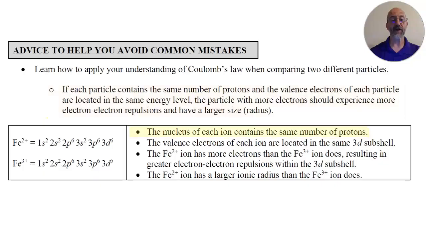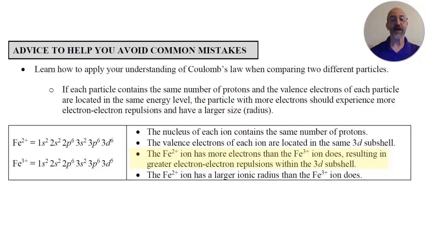Because they are both iron, the nucleus of each ion has the same number of protons, which is 26. The valence electrons of each of these ions are located in the same 3d subshell, but Fe2+ has 24 electrons, and Fe3+ has 23 electrons.